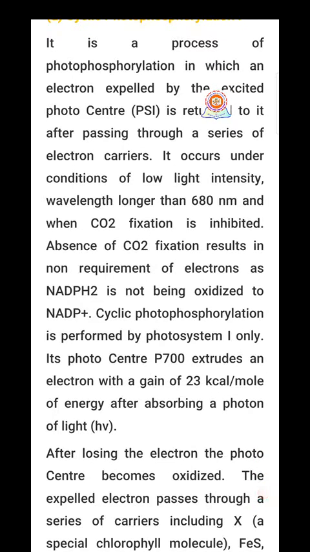Its photocenter, that is P700, extrudes an electron with a gain of 23 kilocalories per mole of energy after absorbing a photon of light. Cyclic photophosphorylation is performed in photosystem 1 only, and the reaction center of photosystem 1 is P700.